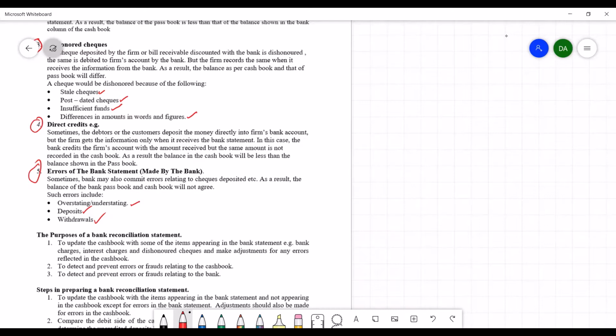One purpose is to update the cash book with the items which appear in the bank statement but not in the cash book, such as bank charges, bank interest, dishonored checks, and any other adjustments of errors. Secondly, the business can use the bank reconciliation statement to detect and prevent fraud and errors related to the cash book, and to detect and prevent fraud and errors related to the bank.